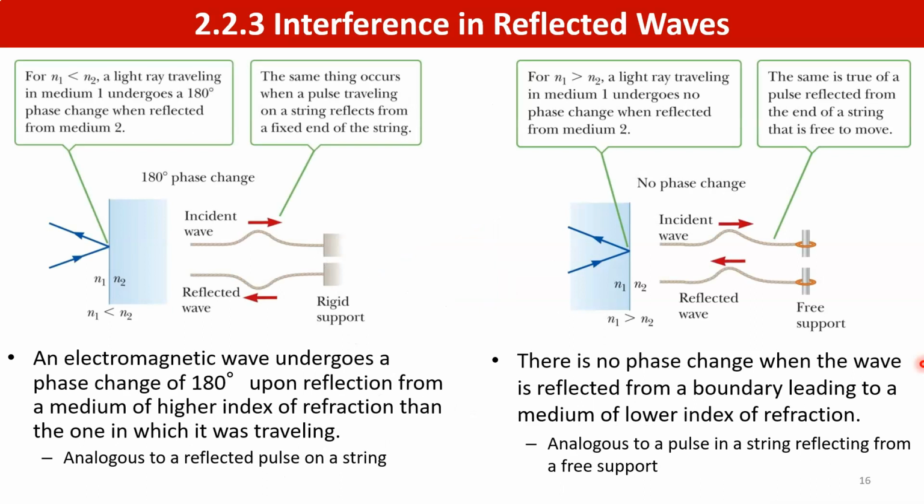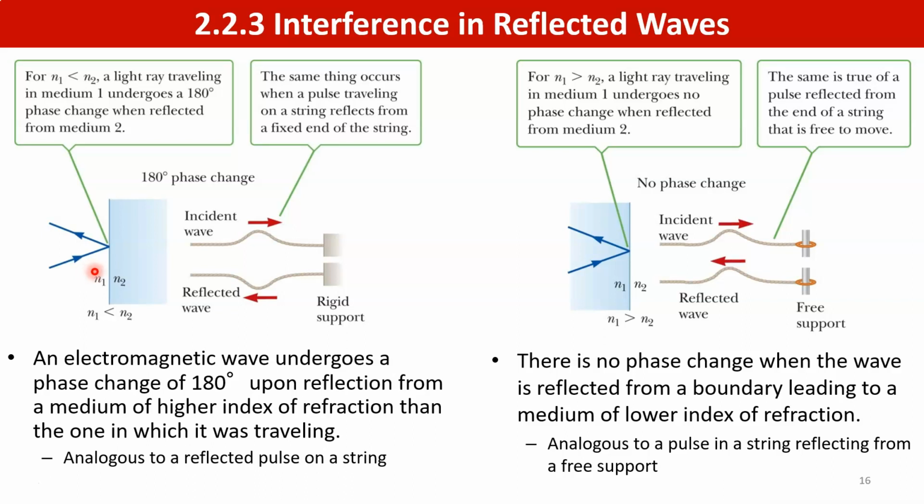Next topic, interference in a reflected wave. An electromagnetic wave undergoes a phase change of 180 degrees upon reflection from a medium of higher index of refraction than the one in which it was traveling, analogous to a reflected pulse on a string. If you can see here, for the refractive index, n1 is less than n2.